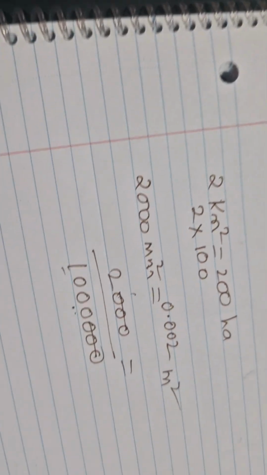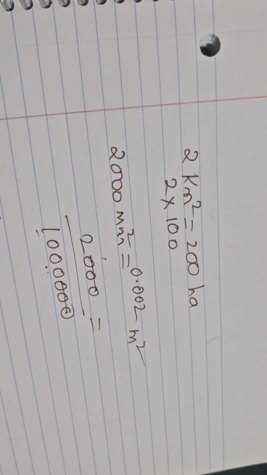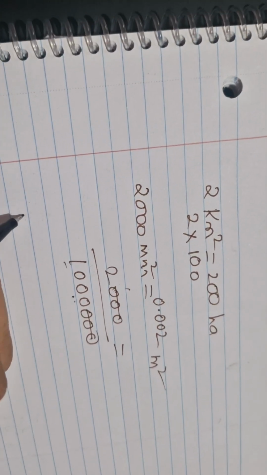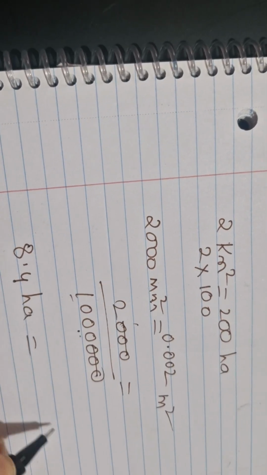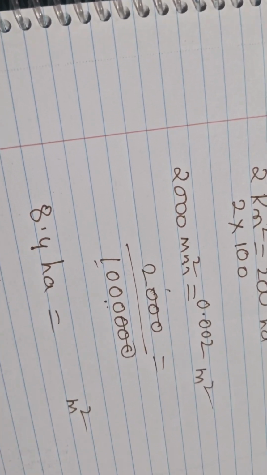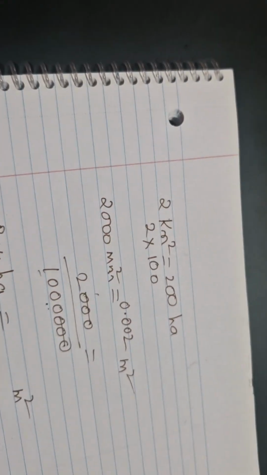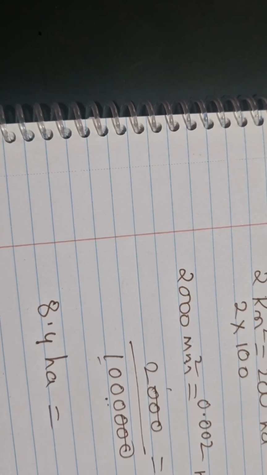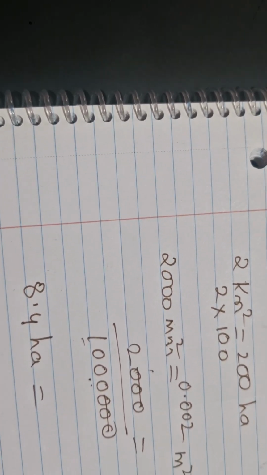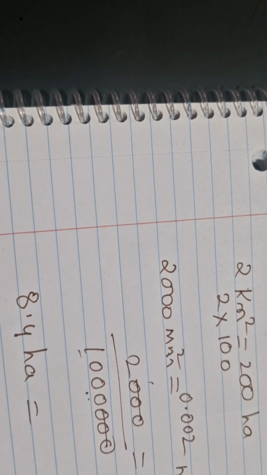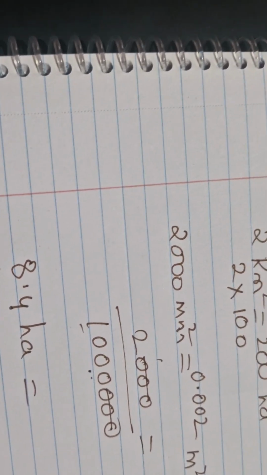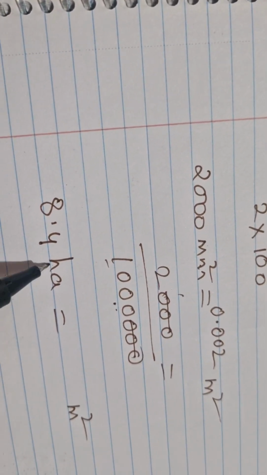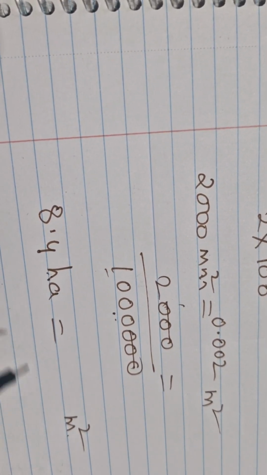Now sometimes you have a question with a decimal. Like 8.4 hectares, how many meters square? Now you know hectares to meter is how much? 100. So hectare to meter square will be 100 times 100, 10,000. So you will multiply because we are converting from big to small.